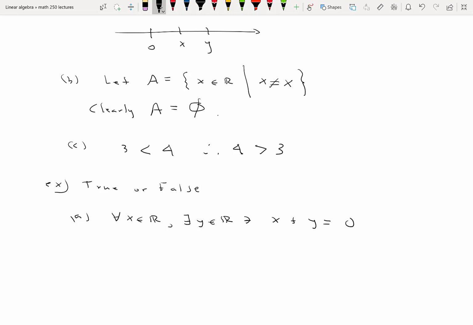True or false? For every real number, I can find another real number, such that when you add those real numbers, you get a 0. Of course, that's true. For every real number x, I can find another real number y, such that x plus y is 0. Yeah, it's called the opposite of x.